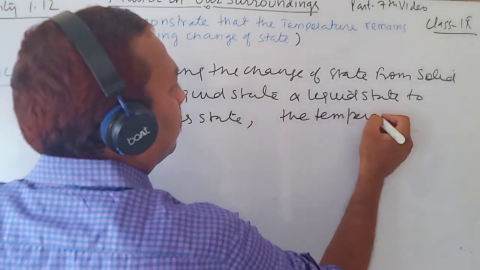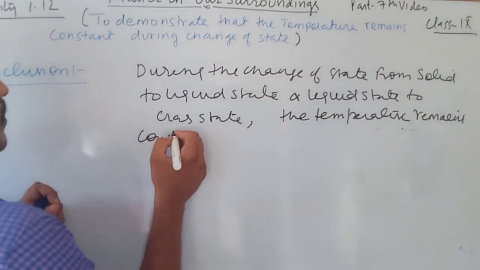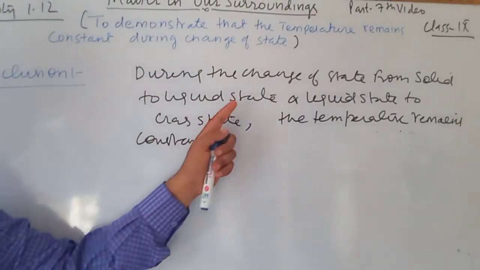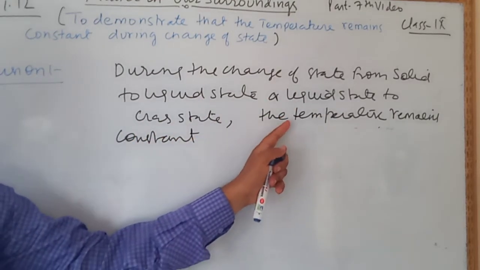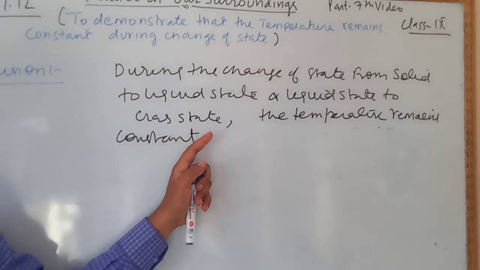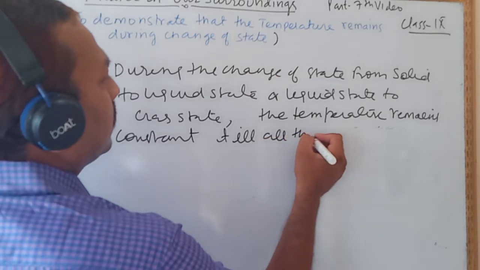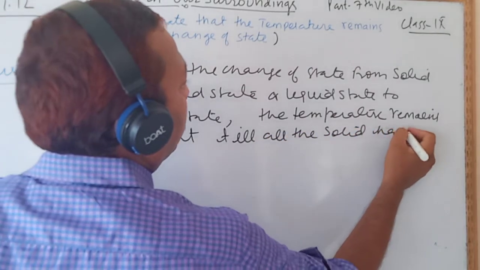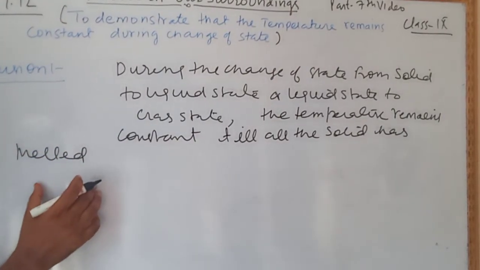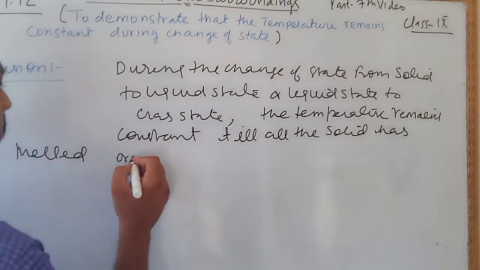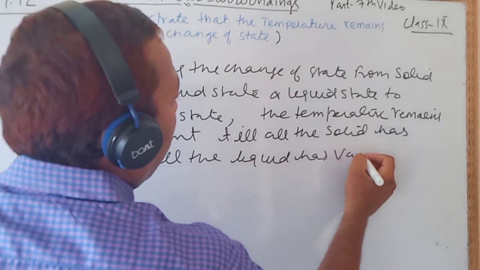The temperature remains constant. See, in both situations, if a solid converts into liquid or liquid state into gas, the temperature remains constant till all the solid has melted, or all the liquid has vaporized.